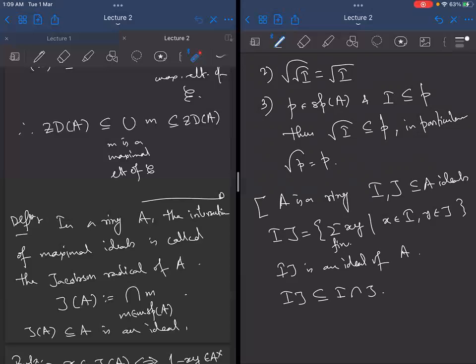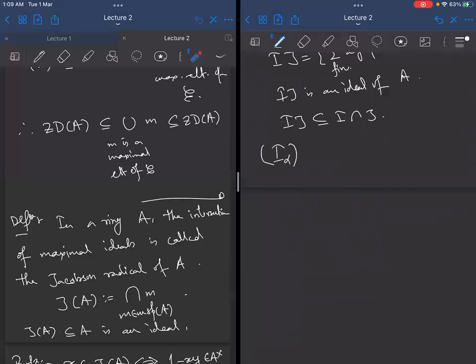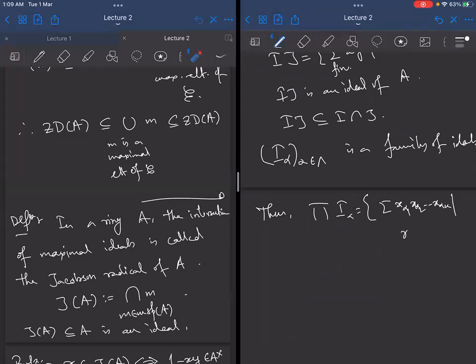You can also define the product of a family of ideals. If I alpha is a family of ideals, then the product of the I alpha is the finite sum of elements of the form x alpha 1, x alpha 2, up to x alpha k, where each x alpha i belongs to I alpha i for some i.